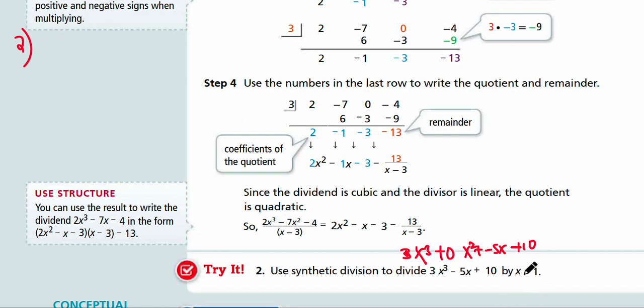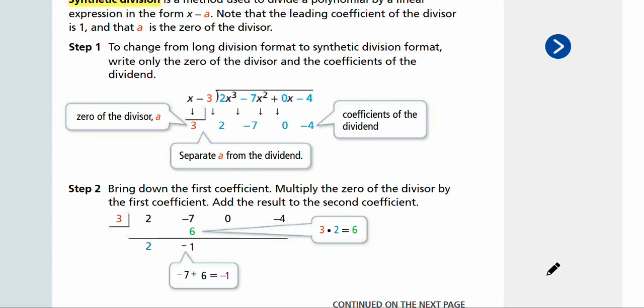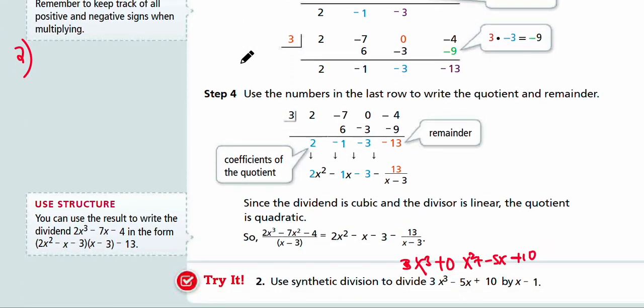And then your a is -1, right? No, positive 1, because your binomial should be in the form x minus a. So your a here is just positive 1. So you're going to divide by 1. Use synthetic division with 1 and the coefficients 3, 0, -5, and positive 10.